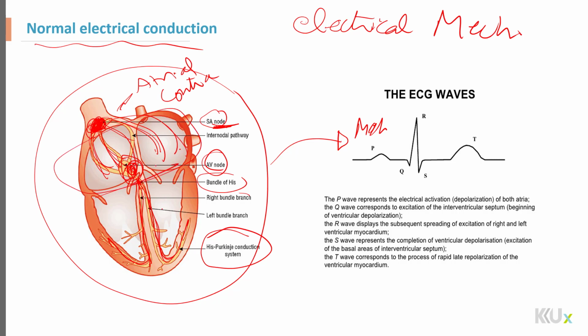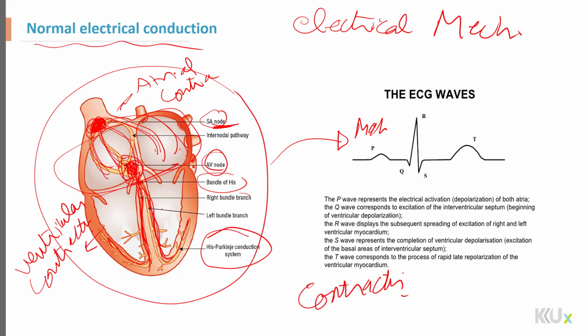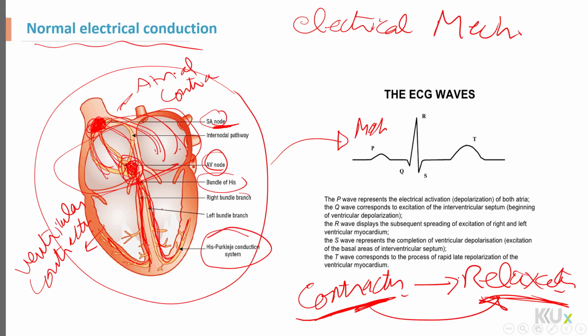And then the AV node and the conduction in the lower part of the conduction system, excitation will develop ventricular contraction. And of course, as you know, each contraction should be followed by relaxation. No cardiac chamber can be in the contracted state all the time or in the relaxed state all the time. There should be a contraction followed by relaxation.